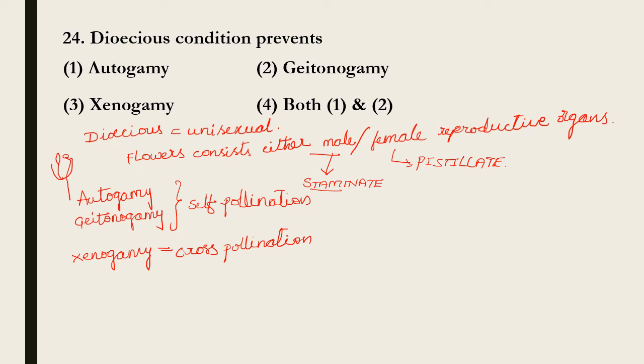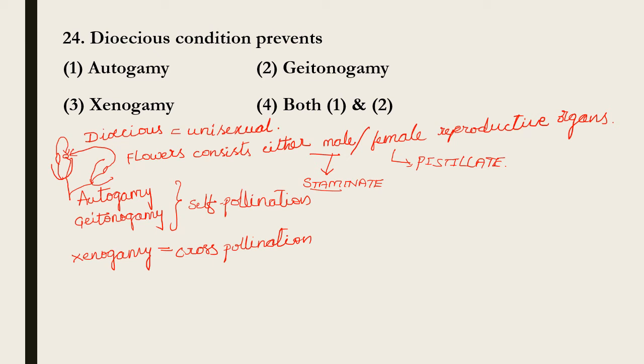The transfer of pollen grains from the anther of this flower to the stigma of the same flower is autogamy. Geitonogamy means the same plant has another flower, and the pollen grains of this anther are transferred to the stigma of another flower of the same plant.